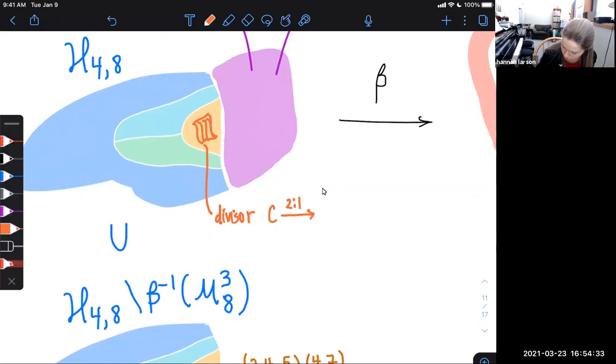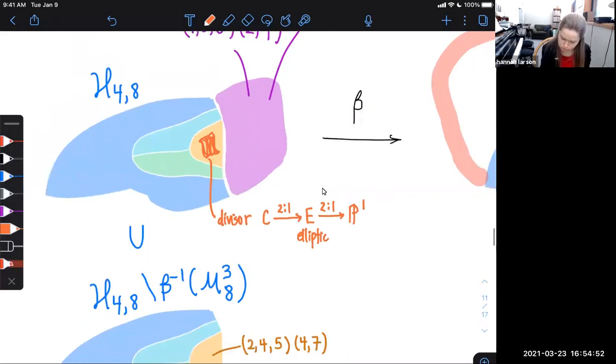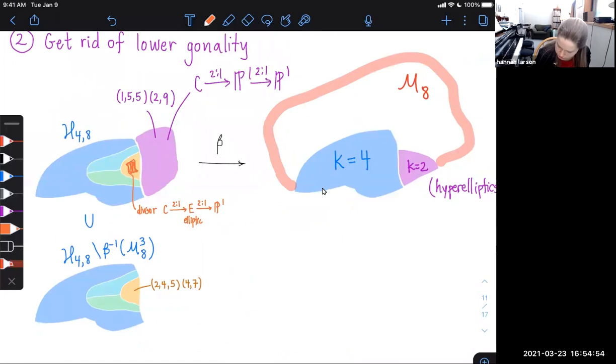You will find all curves where this degree 4 map factors as a 2-to-1 cover of an elliptic curve with a 2-to-1 map of this elliptic curve to P1. So this dark orange here is sent exactly into B8, which is the bielliptics.